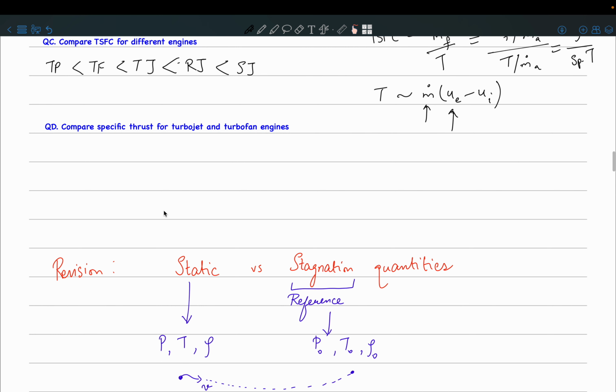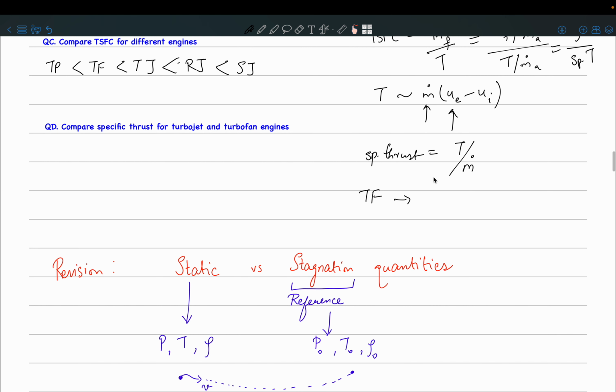Okay, so let us compare now the specific thrust. I just told what is specific thrust. Specific thrust is nothing but the thrust you produce divided by m dot. So first, let us define the specific thrust for a turbofan.